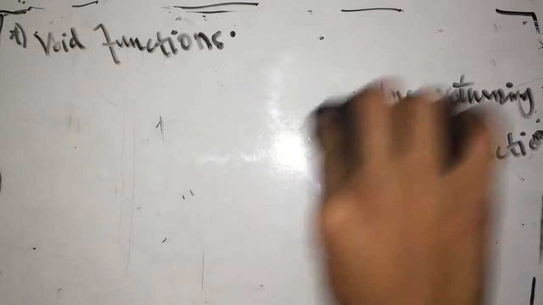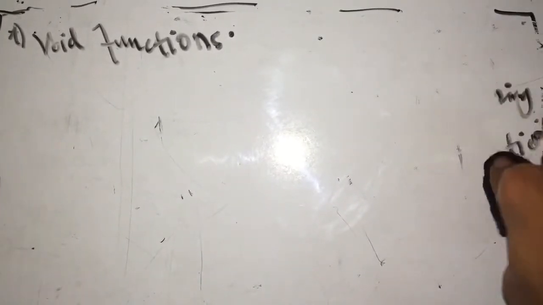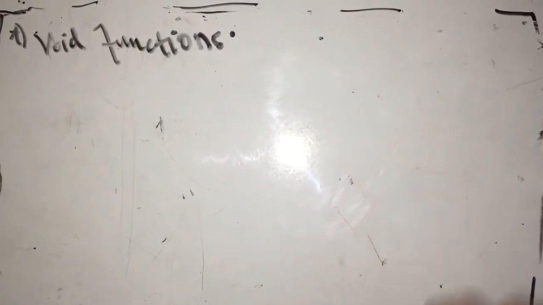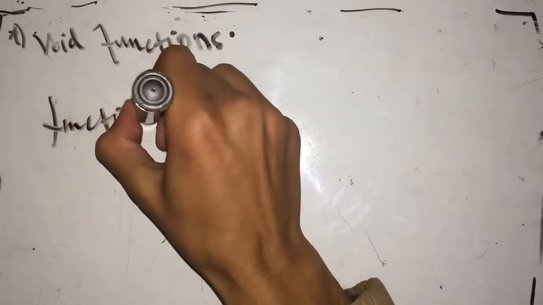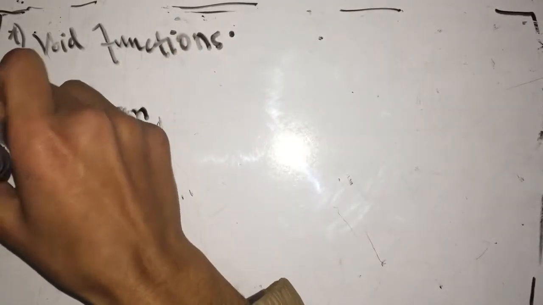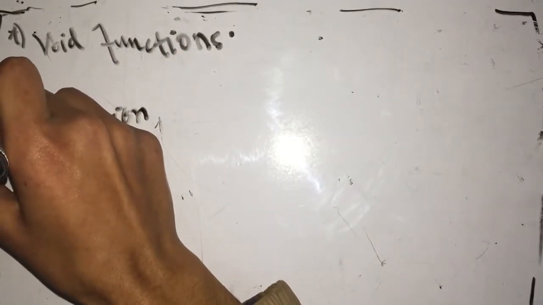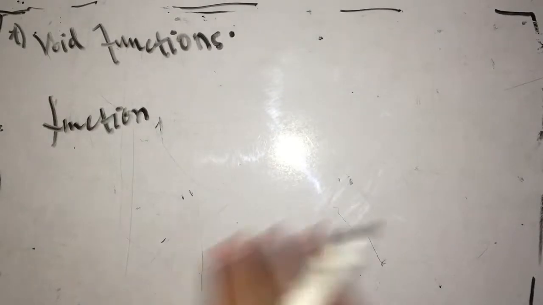What is the difference between a value returning function and a void function? In the value returning function, this is the type, the data type of the value this function is going to return.